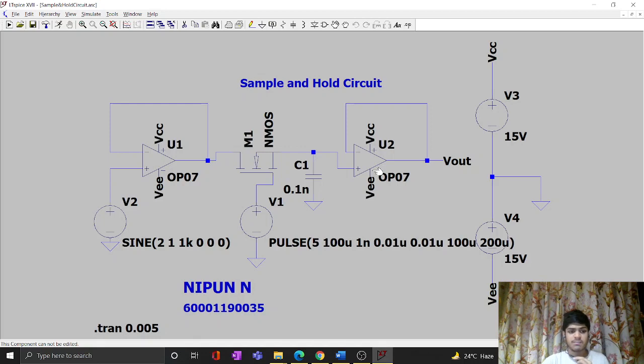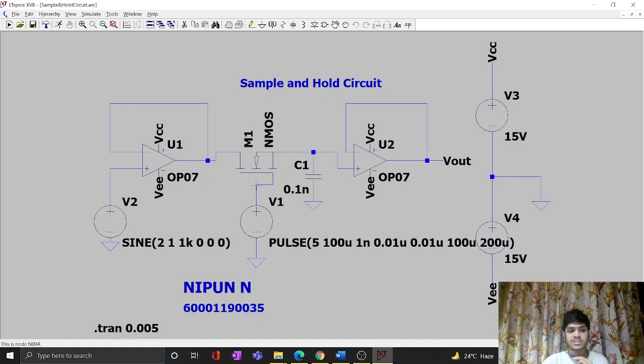The main components which a sample and hold circuit involves are an N-channel enhancement type MOSFET, as you can see, this is the NMOS, and a capacitor that is used to store and hold the electric charge at a very high precision, and a very high precision operational amplifier as well. As you can see, we use a second op-amp on the right. The N-channel enhancement MOSFET will be used as a switching element.